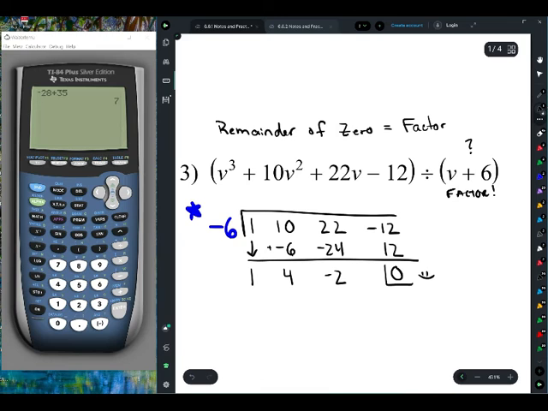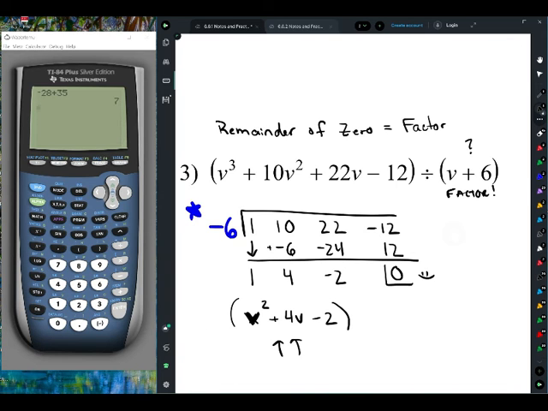Now properly writing this out with our variables, I keep wanting to put x, it's a v. v squared plus 4v minus 2 would be the other factor for this particular polynomial. So it is a factor, and this would be the other factor. In the future, we'll end up solving that, but that's it for now. Factors have remainders of 0.